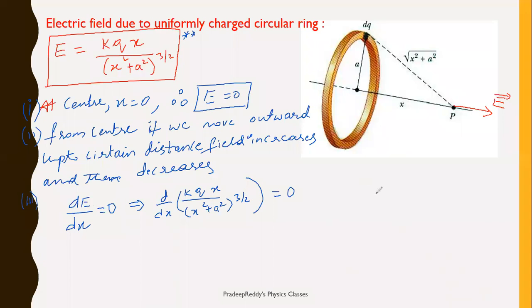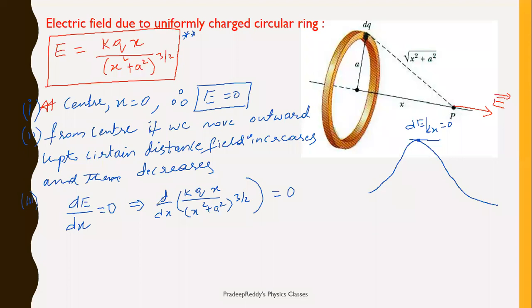For example, if the field value increases up to a certain value at this particular point, dE divided by dx should be equal to 0, and then it decreases. So the slope at the maximum point is 0, therefore dE by dx should be equal to 0.